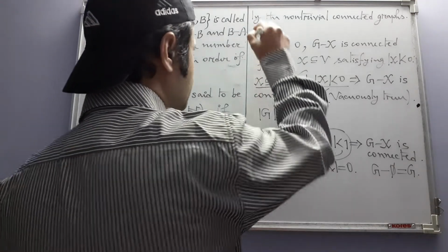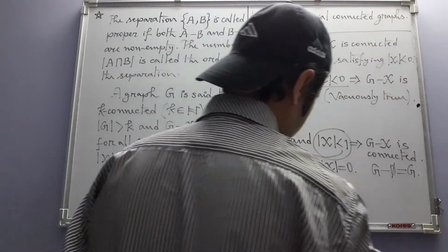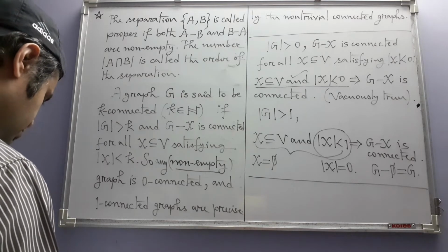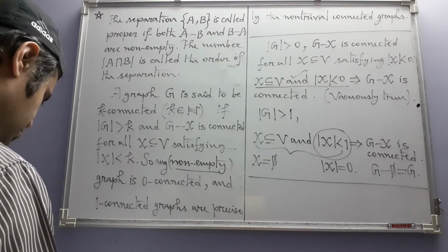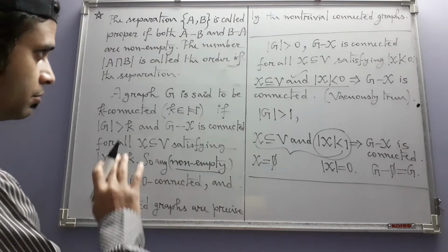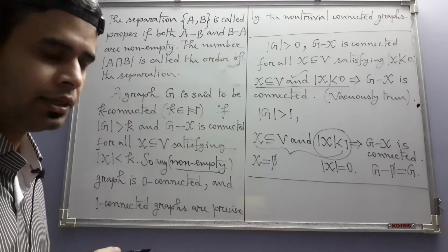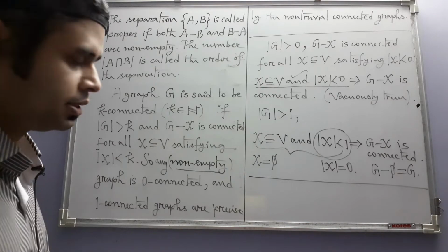And besides all these things, we also have one quantity called vertex connectivity, or simply connectivity.